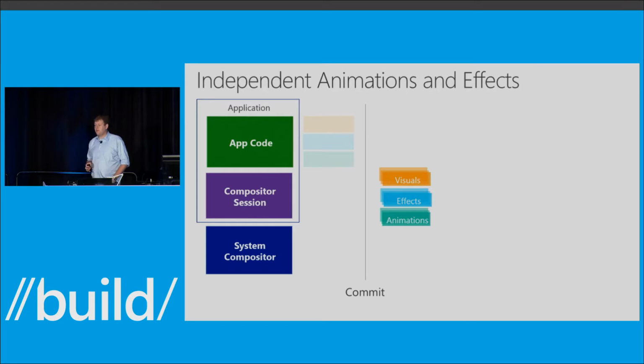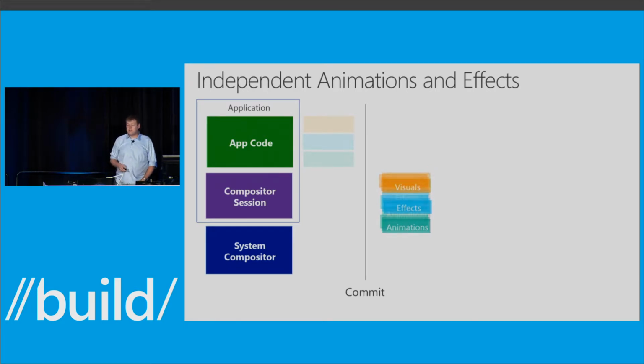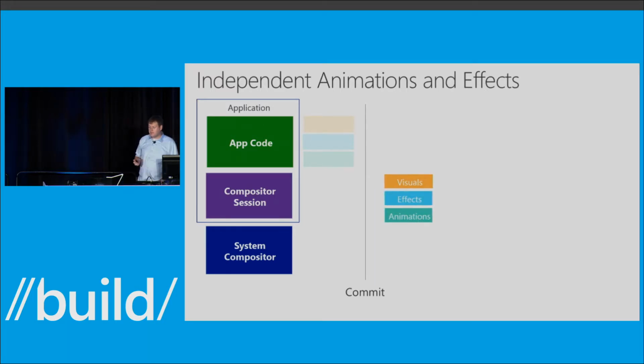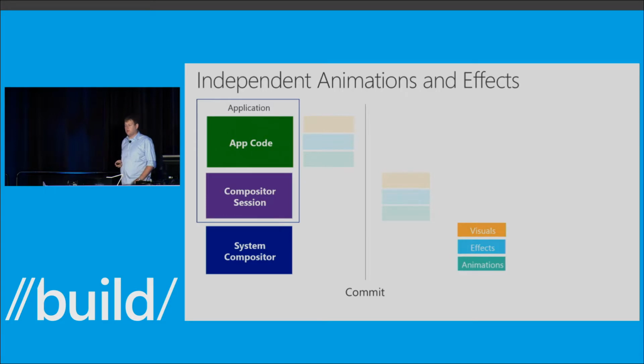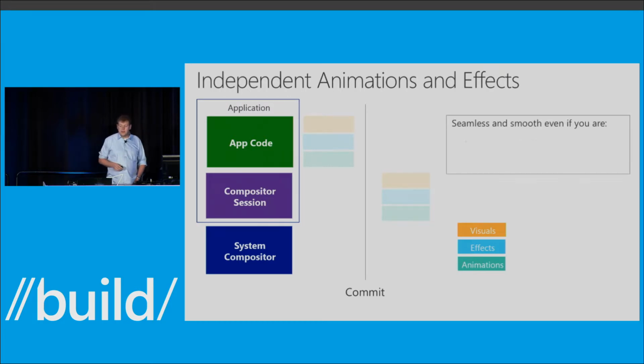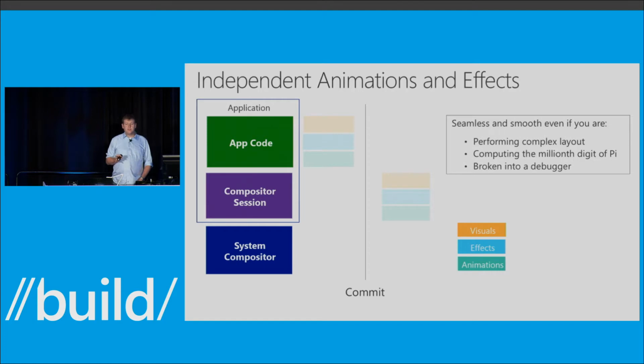So for example, if you moved a visual and then moved it back before the commit occurred, that'll get optimized out. Once we have that optimized list of operations, we'll marshal those over to the system compositor, and it's here where the visual tree actually lives and where your effects and animations actually execute. What this means for you is, even if your UI thread is busy, you will still be able to deliver a smooth, seamless experience to your customers.